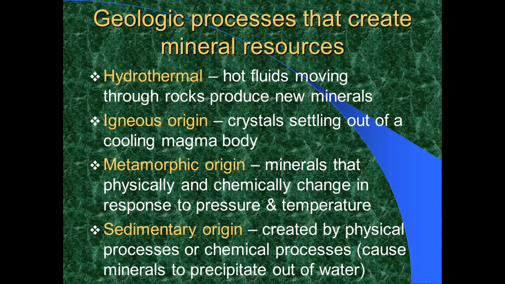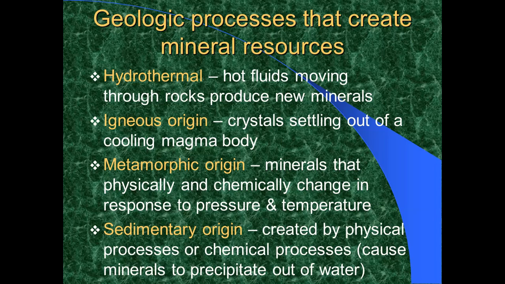Igneous minerals are created from an igneous rock. And how did we create an igneous rock? We took a magma body, either at the surface or below the surface, and we cooled it. And so crystals will pop out of that magma body and settle to the bottom of the magma chamber. We have metamorphic minerals.